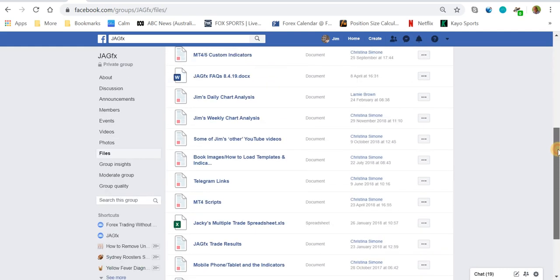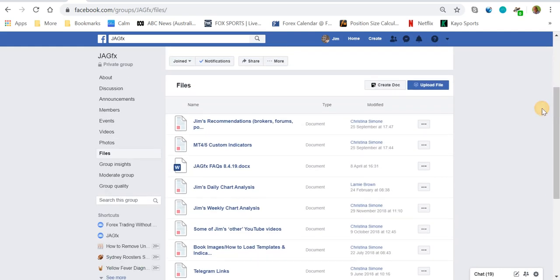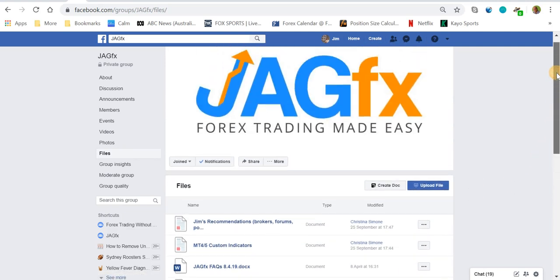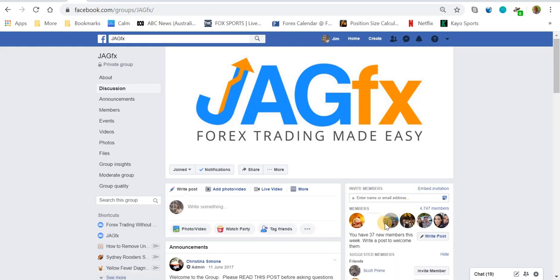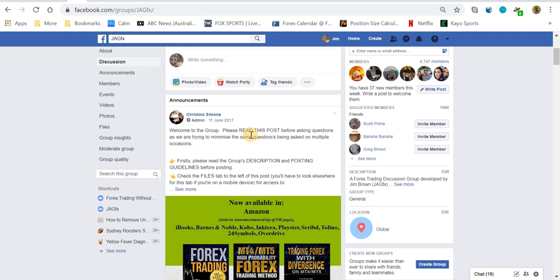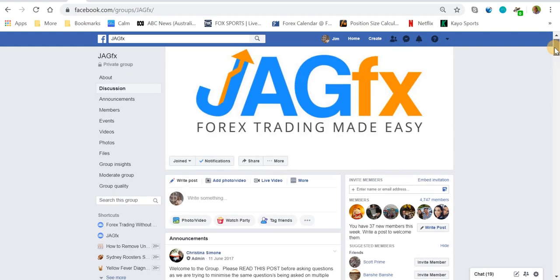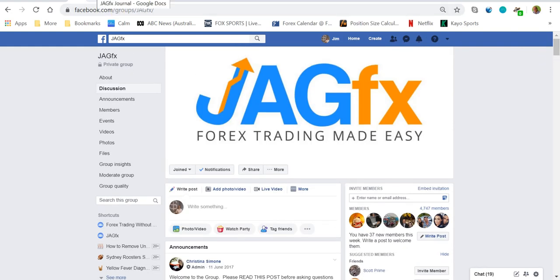Put all the MT4, MT5 custom indicators all in the same folder, so there's plenty of stuff in there. If you join the group, just have a read of this top pin post from Christina, or top announcement post. It sort of tells you where everything is in here. It's all good.